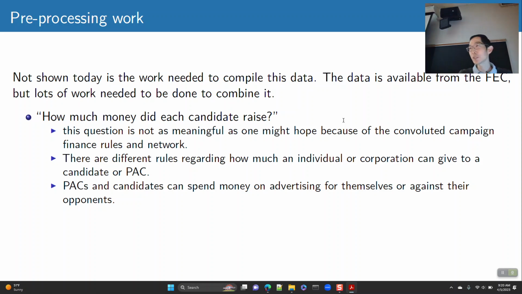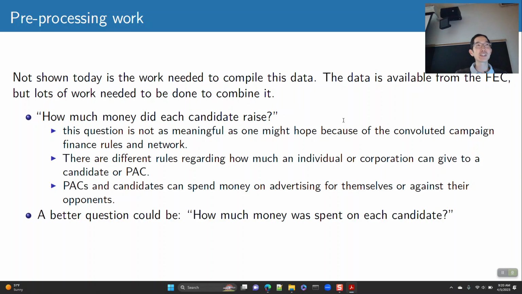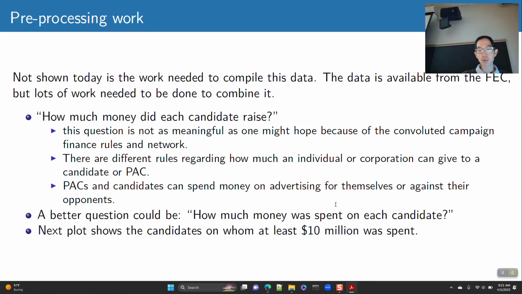When you have money, whether you're a political action committee or a candidate, you can use that money to promote yourself, or you can use that money to run negative ads against your opponent. So perhaps a better question is how much money was spent on each candidate.